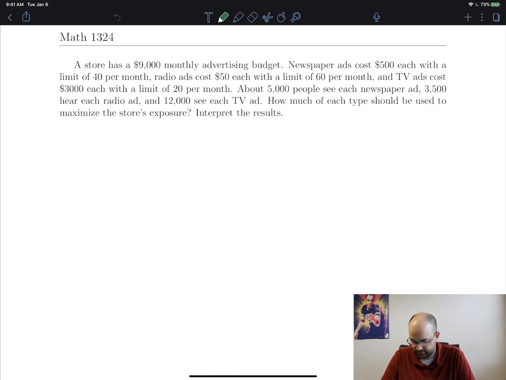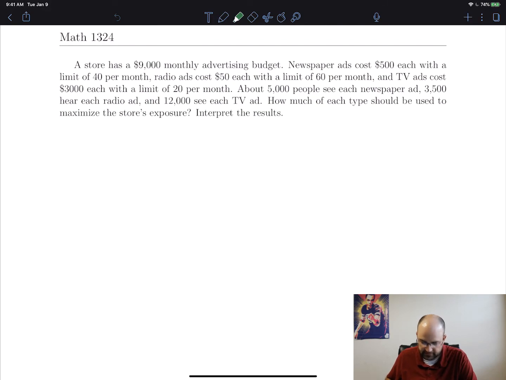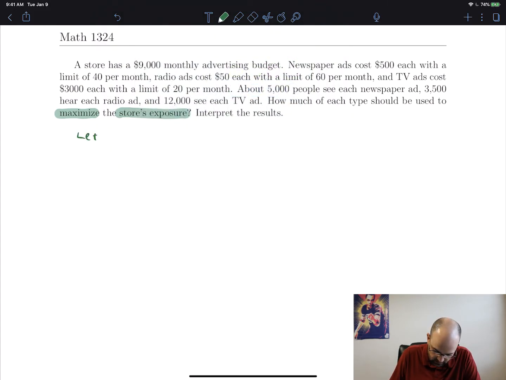Interpret the results. Okay, so this is very similar to the question we had before. The first thing I want to do is figure out what we want to figure out. Go to the question that's asked: how much of each type should be used to maximize the store's exposure? So our actual objective here is going to be the store's exposure.